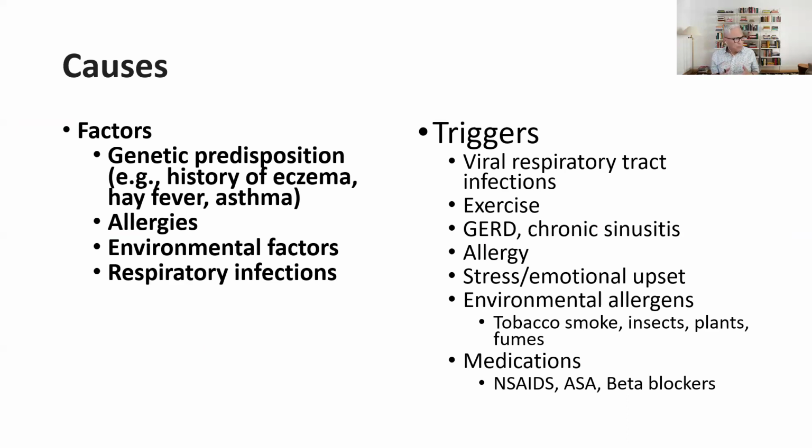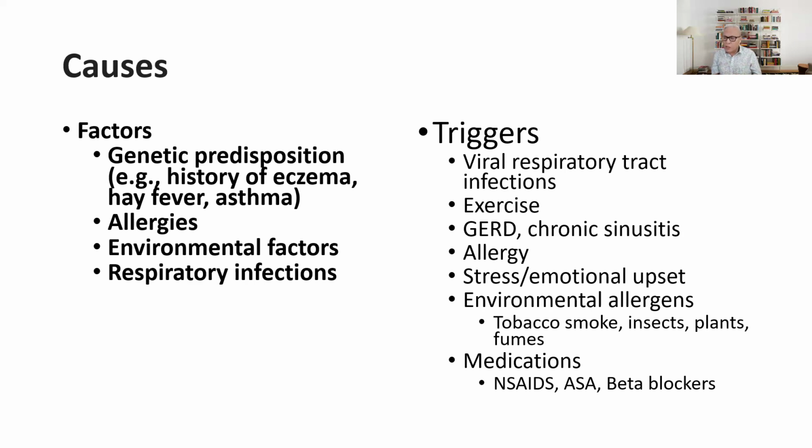Well, the number one thing is a genetic predisposition, specifically a personal or family history of allergy. And these individuals could have histories of, for example, eczema or maybe hay fever, as well as asthma itself. Other things might be environmental factors, as well as respiratory infections.